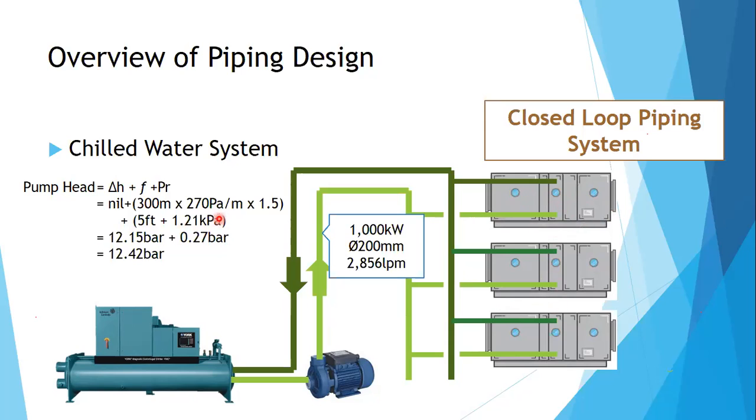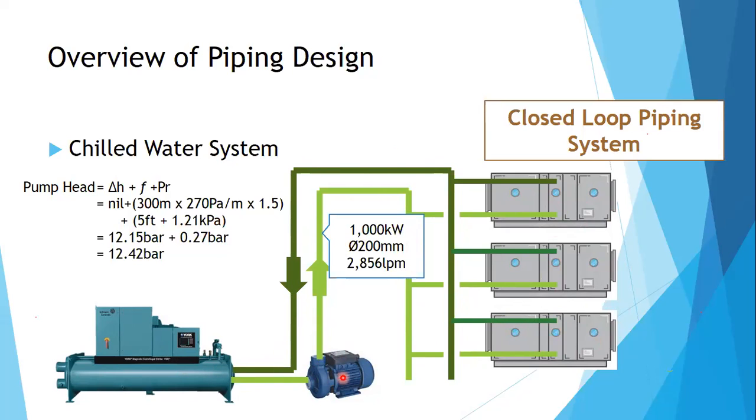Note that you're only using one. You're only assuming that this one is on the worst case scenario, so on the longest run or on the farthest pipe. So you're only considering that this pump is able to pump the water from chiller to the farthest AHU and back to the chiller.